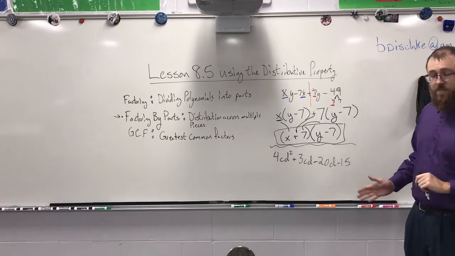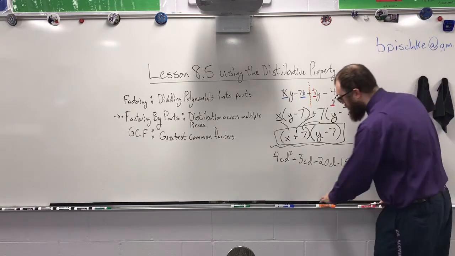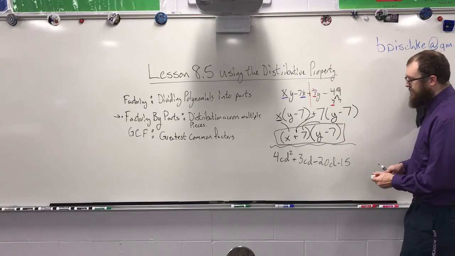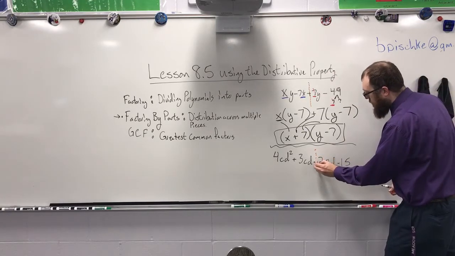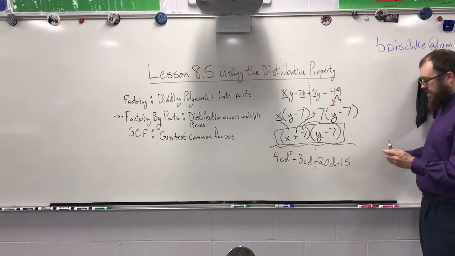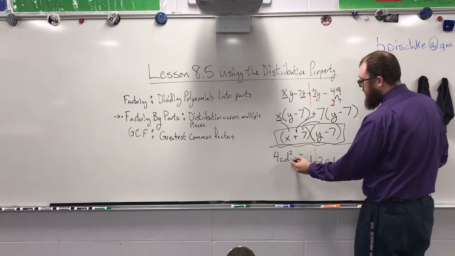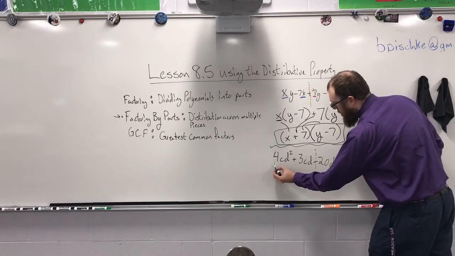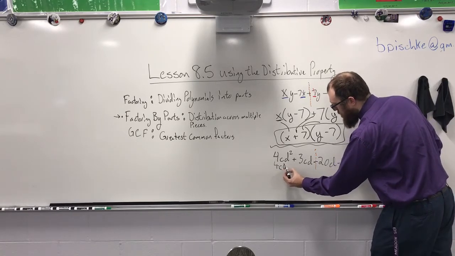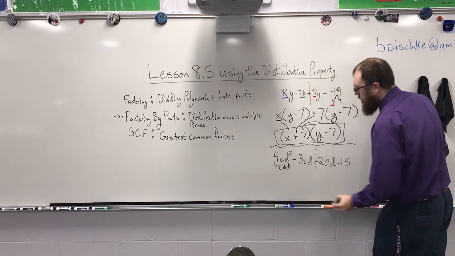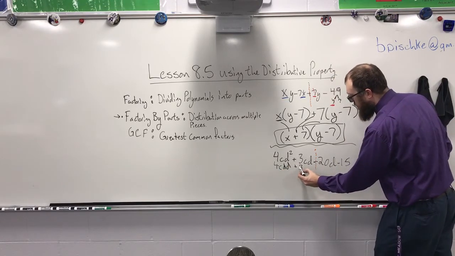Let's take a look at this second problem and try to do the same thing. We're going to split the problem into two parts. In the front part, I have 4CD squared, 4CDD, and 3CD.